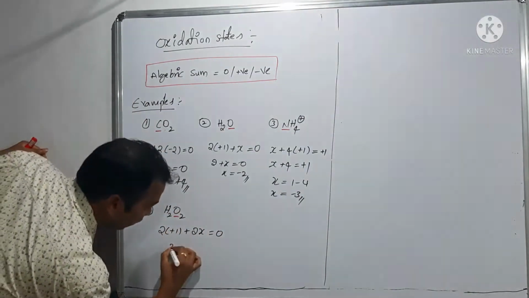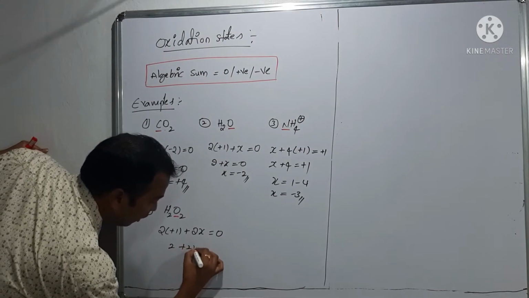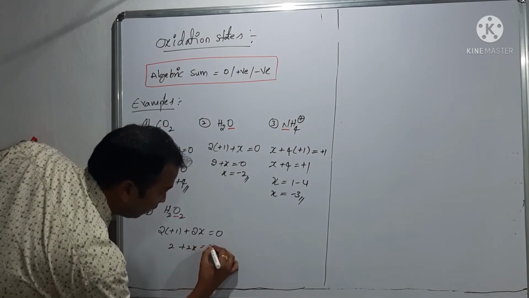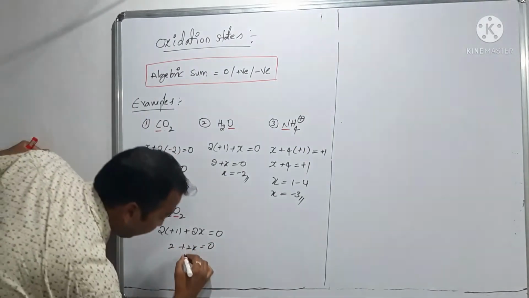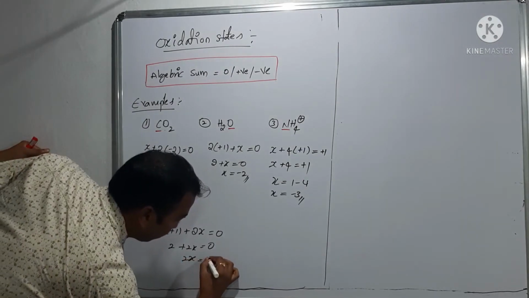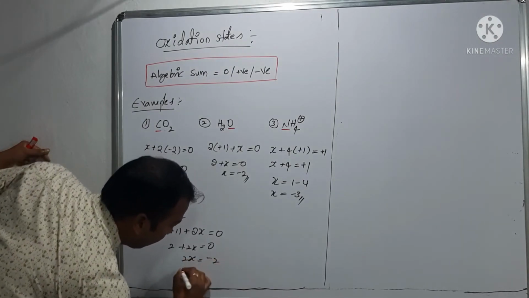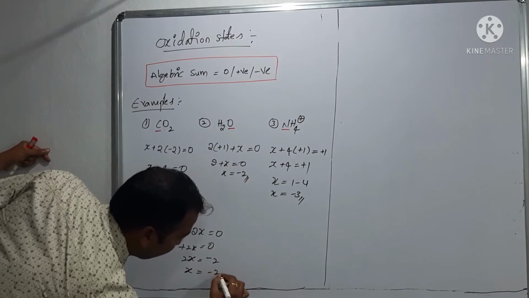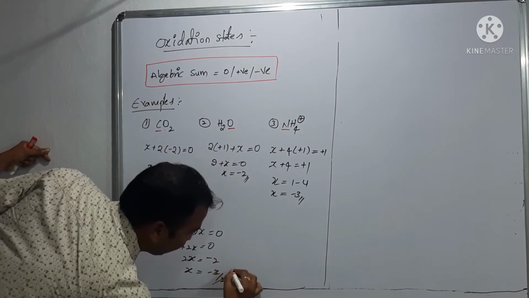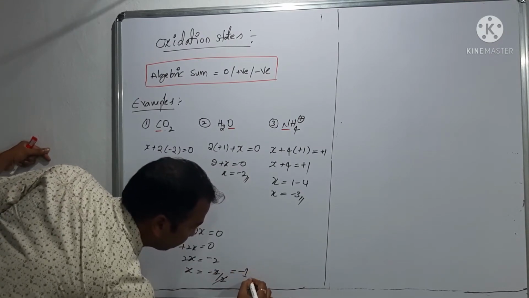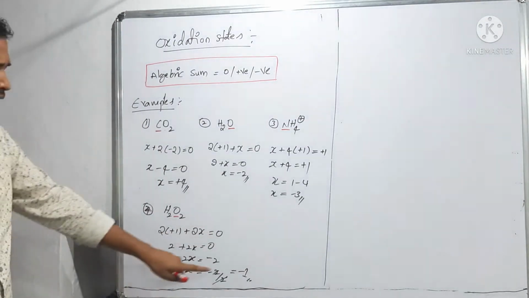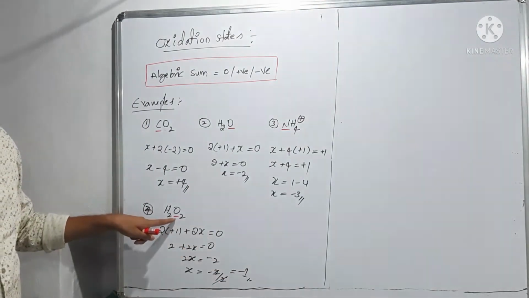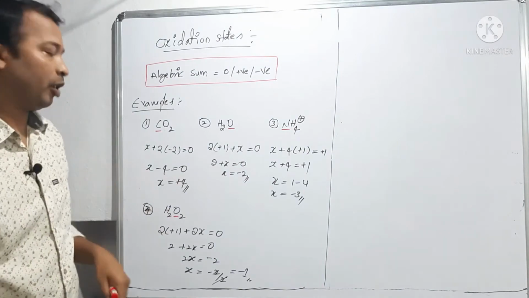So I am taking 2 plus 2x equals 0, then 2x equals minus 2, x equals minus 2 by 2, that is nothing but minus 1. There we will get minus 1 charge for oxygen in peroxides. We already discussed that thing.